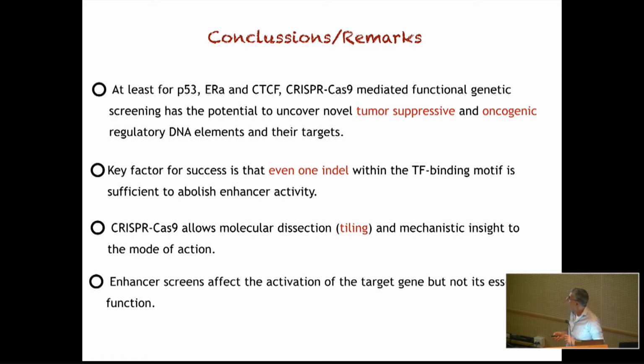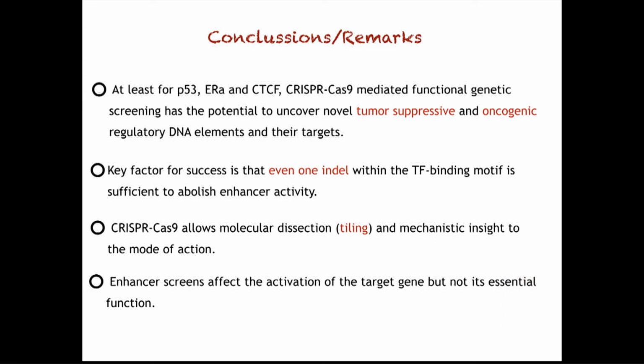And maybe last but not least, another important thing in this kind of screens is that we actually affect only the activation by the transcription factor. So only the extra effect on the target gene. We don't disrupt the essential function of the genes.